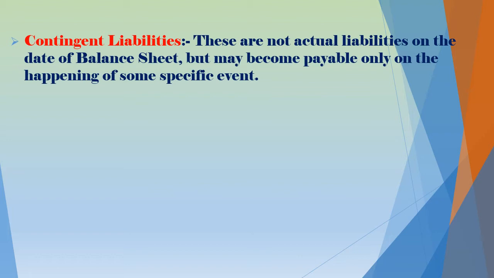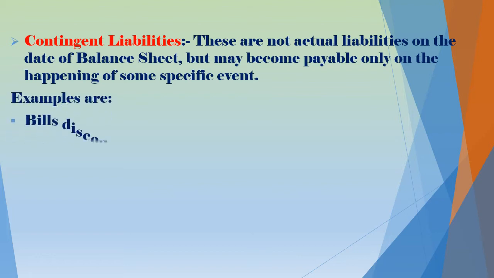If you have taken a loan from the bank, you know about that liability that you have to pay. But there are some liabilities which are actually not liabilities, but because of some specific events or some kind of happenings, these kinds of liabilities come into existence.